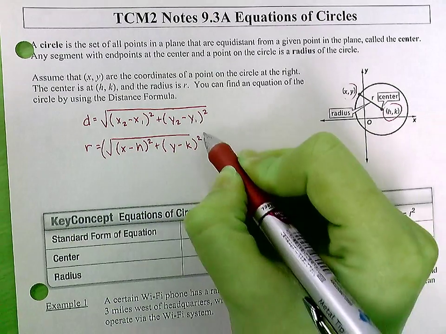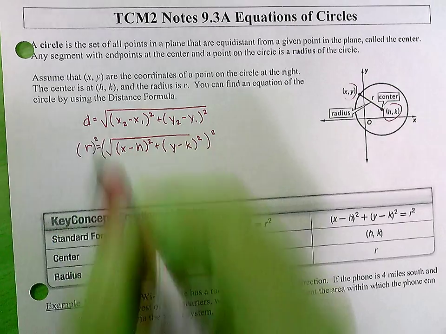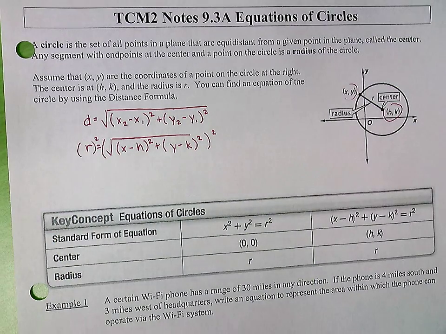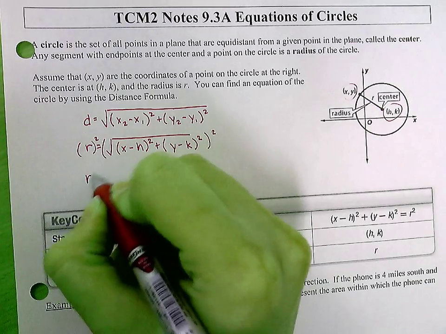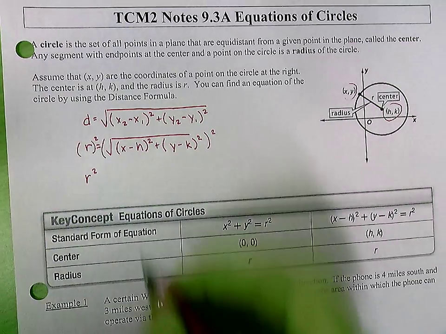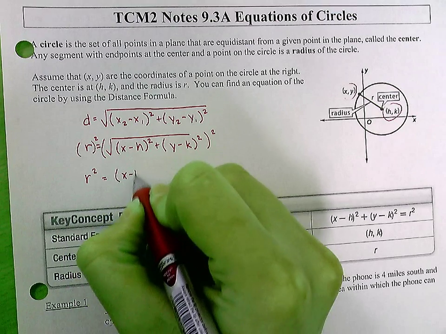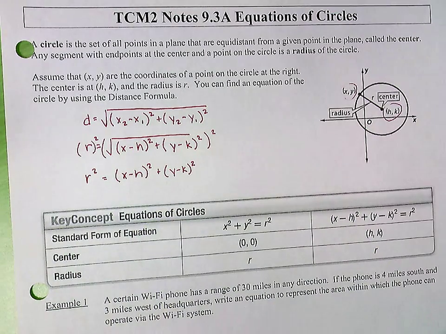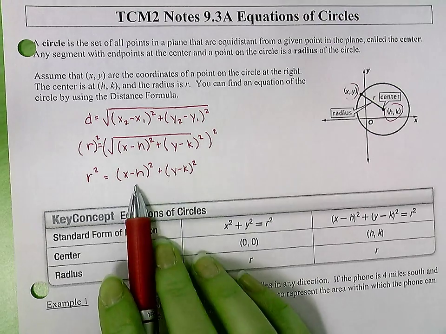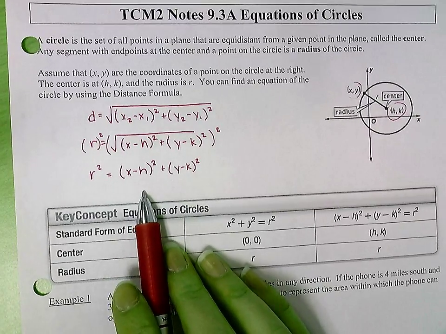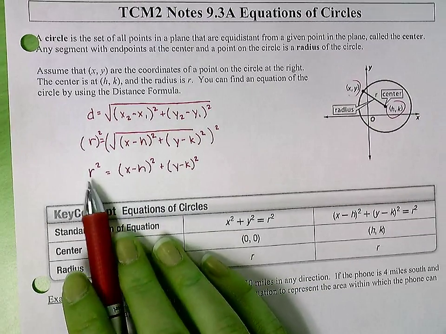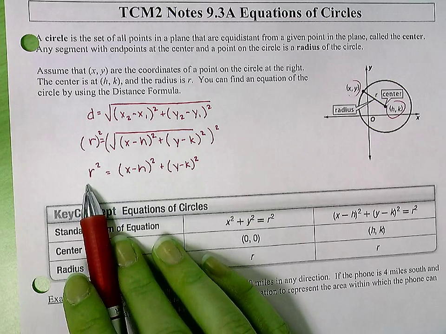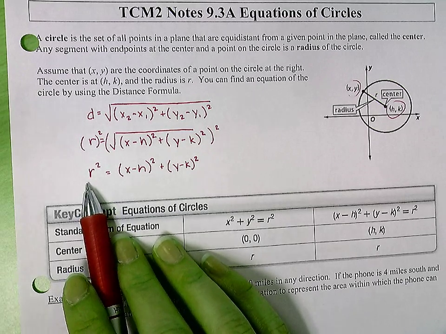Now if I square each side of my equation, I'd end up with r squared is equal to x minus h squared plus y minus k squared. This is your equation of a circle. You'll have your radius squared at the end, so you'll have to find your radius and then square it.